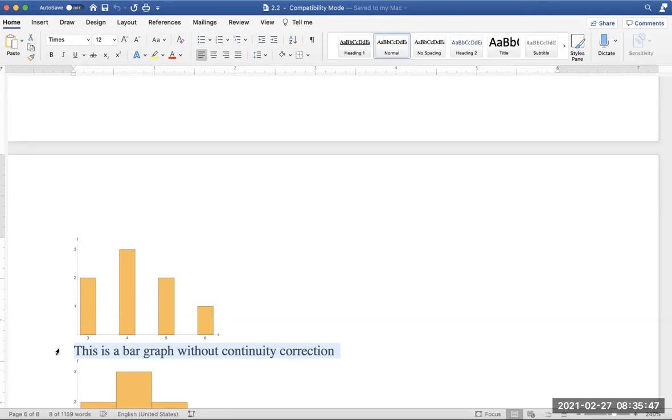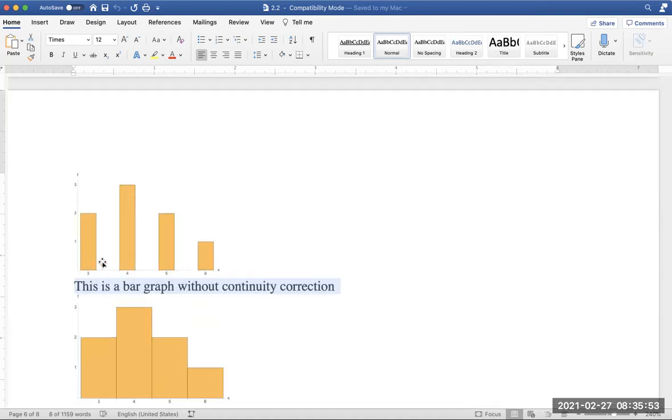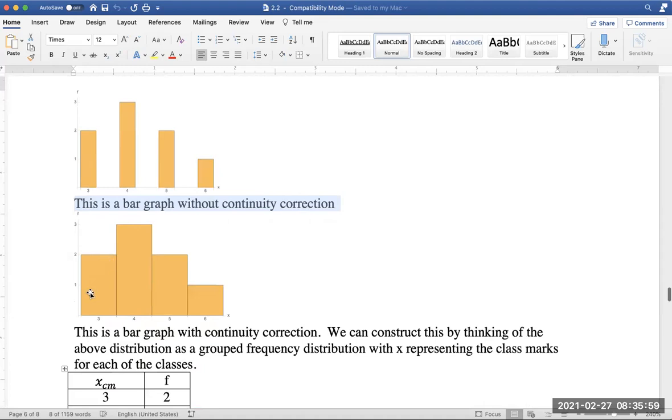We say that this is a bar graph without continuity correction. If we make these fatter and fatter until finally they join up and look like a histogram, then we'll call this a bar graph with continuity correction.